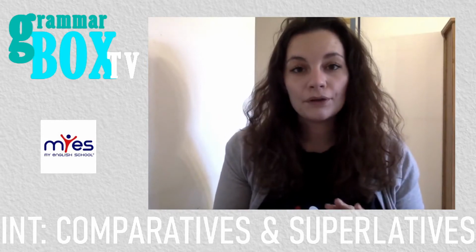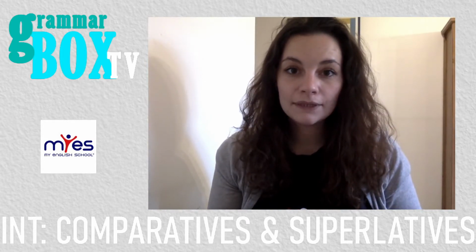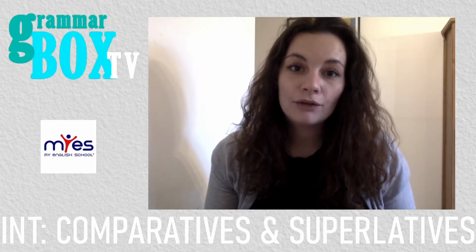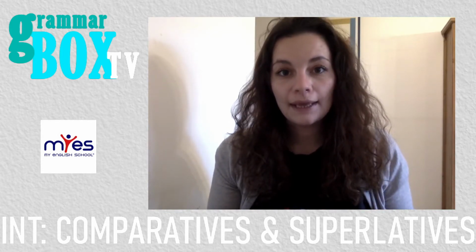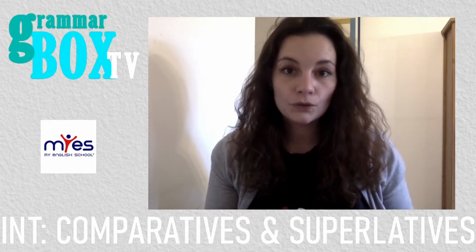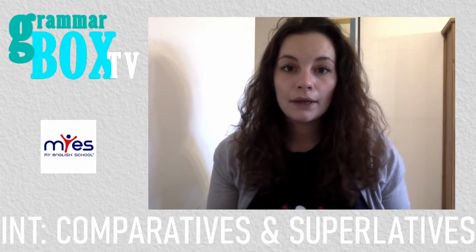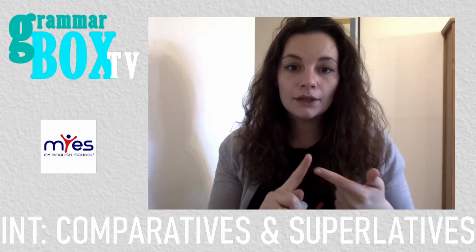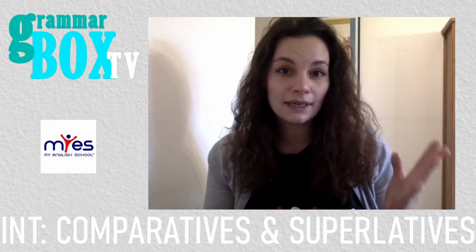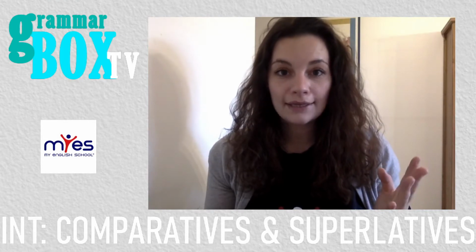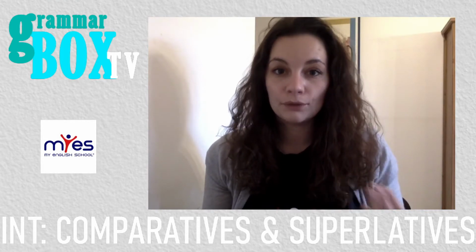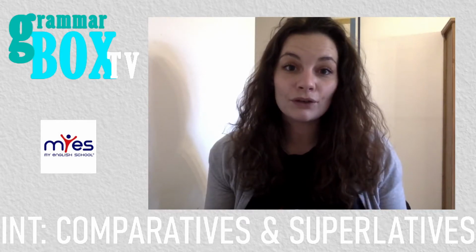Now, for both comparatives and superlatives, we have to change how to form them with long adjectives. By long, I mean any adjectives over 2 syllables. For example, beautiful. Beautiful, that's 4 syllables. If we try to put er or est at the end of beautiful, it becomes very difficult to pronounce.